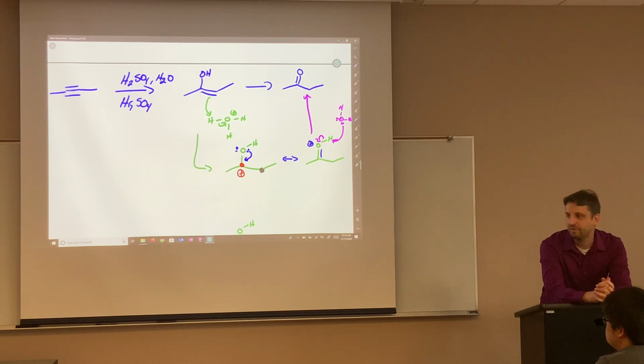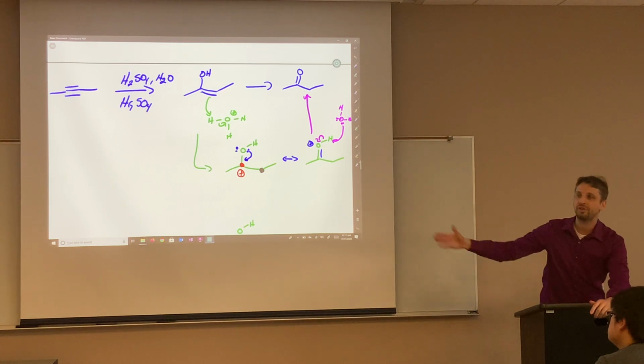How many reactions have we learned to make a ketone so far this semester? Just one other one, right? This is only the second reaction we've learned all semester long to make a ketone. The only other one being from ozonolysis, where we cut double bonds in half and we chopped carbons off.